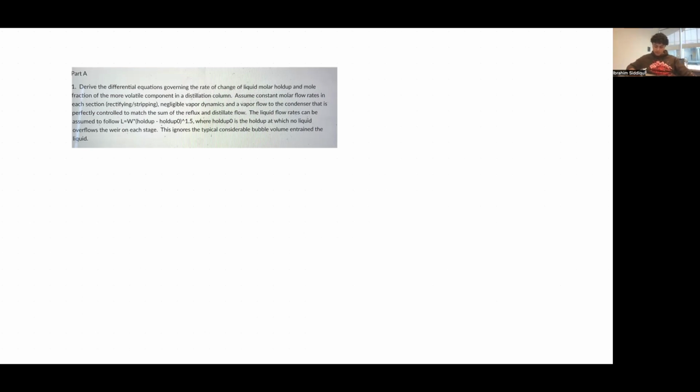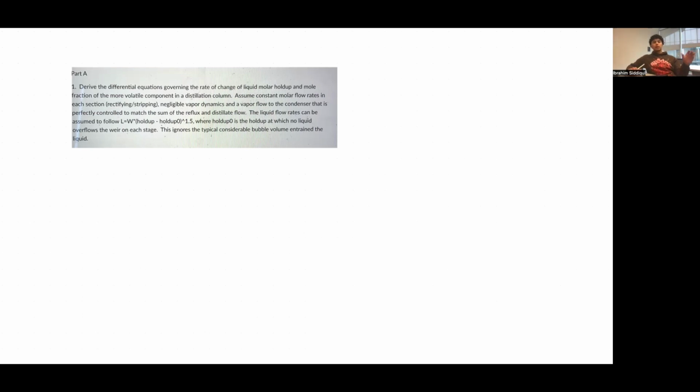negligible vapor dynamics, and a vapor flow to the condenser that is perfectly controlled to match the sum of the reflux and distillate flow. The liquid flow rates can be assumed to follow L equals W times holdup minus holdup 0 to the 1.5. I'm going to show you how that equation comes to be, where holdup 0 is the holdup at which no liquid overflows the weir on each stage.